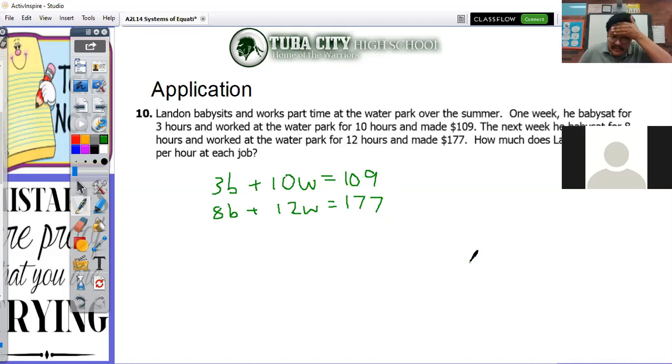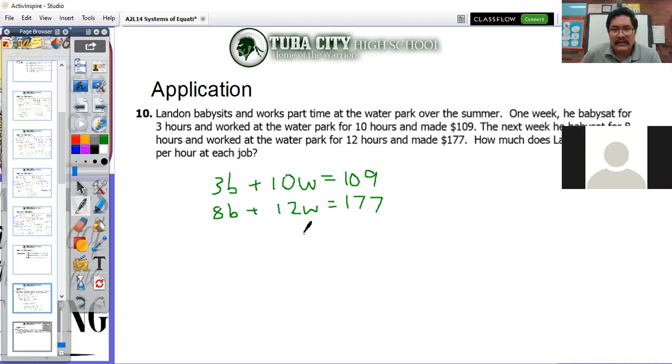How would I tackle this one? Now I would have to multiply. I could make them both 60 here, but then I'd risk making the numbers really big. So I'm going to keep it simple, and I am going to multiply this one by -8 and multiply this one by 3.